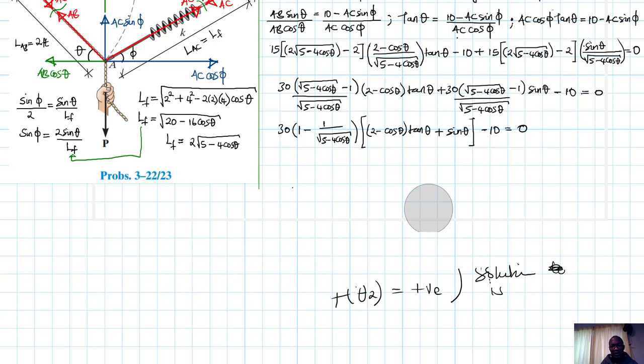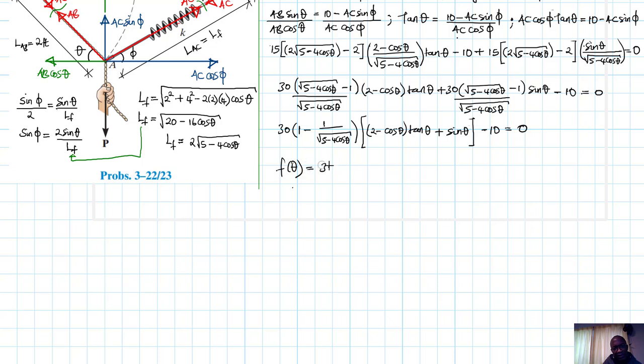So we can write this as a function of theta, which is equal to 30 times (1 minus 1 divided by root of 5 minus 4 cos theta).